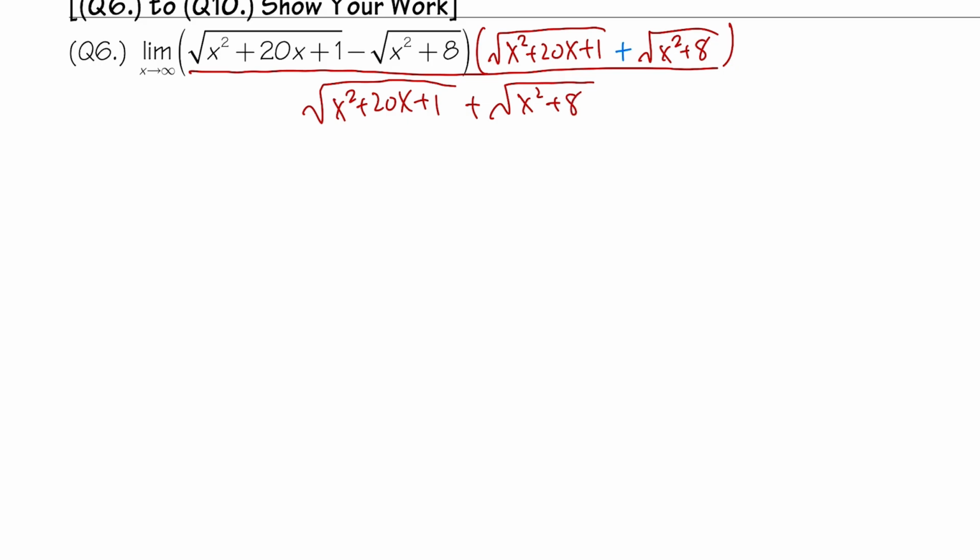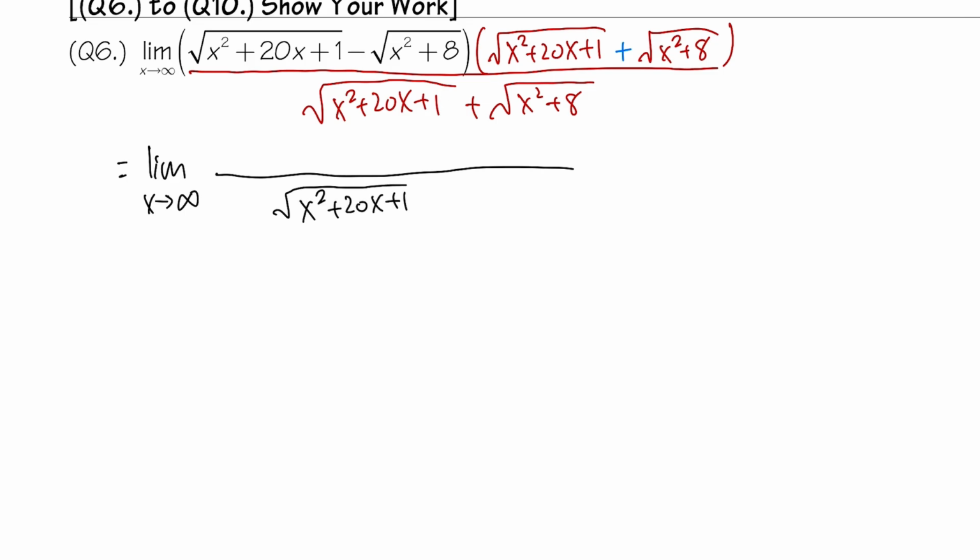And let's just work this out. This is now the limit as x approaching infinity. And here, don't multiply on the bottom, just keep it as it is. It's just square root of x squared plus 20x plus 1 plus square root of x squared plus 8.